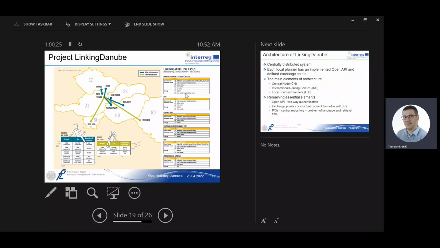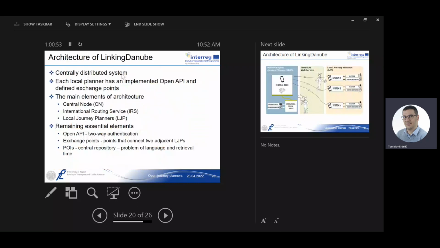What is the architecture of the proposed system? The proposed system has a central node, an international routing service, and local journey planners. All of the information exchange between the local journey planners is done within the open API, and for that to work, the exchange points between the countries needed to be determined.